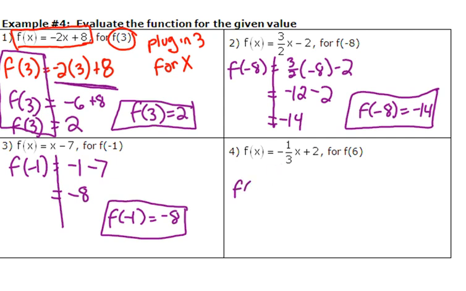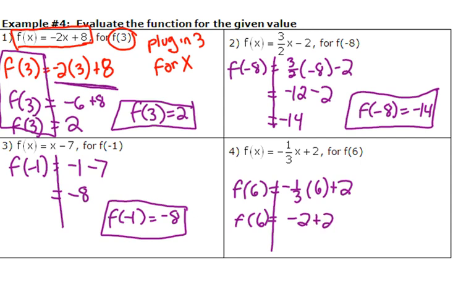F of 6 equals negative 1/3 times 6 plus 2. So, again, I don't solve the left side. I just simplify the right side. Negative 1/3 times 6 is negative 2. Negative 2 plus 2 is 0. So f of 6 equals 0.